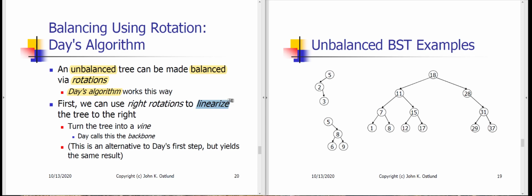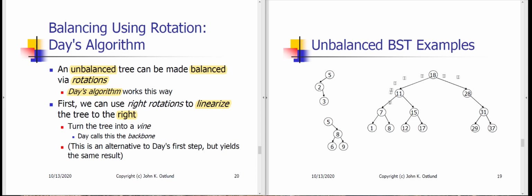First, we are going to take whatever tree we have and linearize that tree to the right. That is, if we had this little tree 5 with 2 to its left and 3 to its right, we're going to linearize this whole thing into 2 with 3 to the right and 5 to the right.